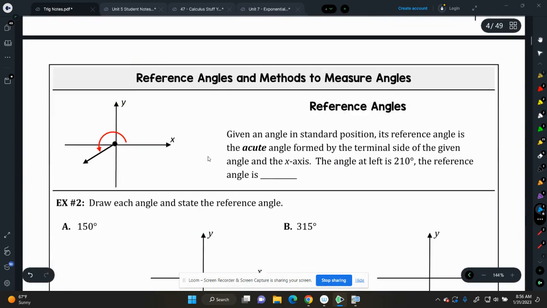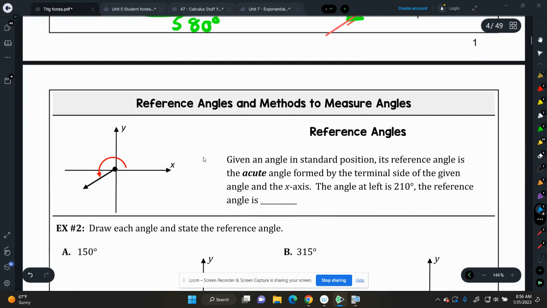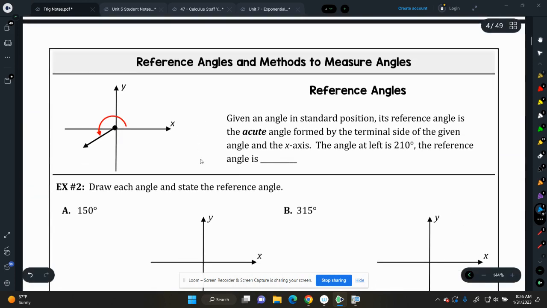Okay, when we talk about angles, we usually refer to what we call reference angles. When we do the actual trig involved here, I don't want to get ahead of ourselves, but what we're actually going to do is create these right triangles. And we're going to calculate our trig from these right triangles.